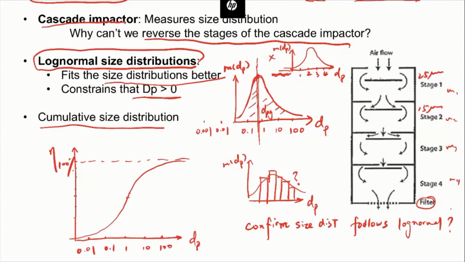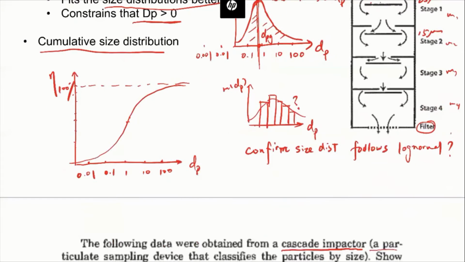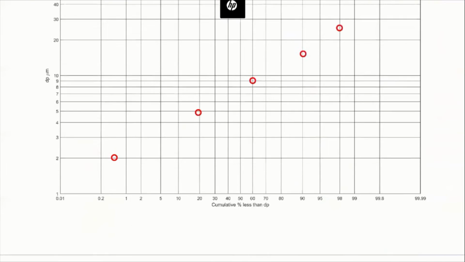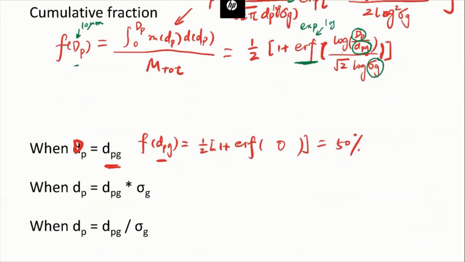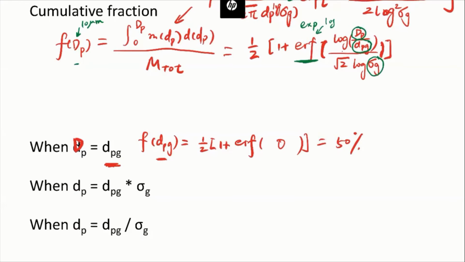So this is a special size. When the particle size is equal to the geometric mean, the mass fraction before that and the mass fraction after that are going to be equal, which is 50%. So when dp equals dpg, we have 50%.